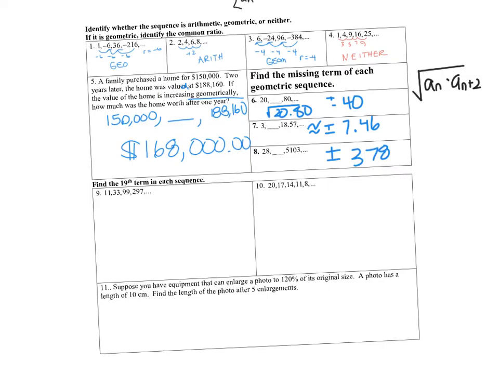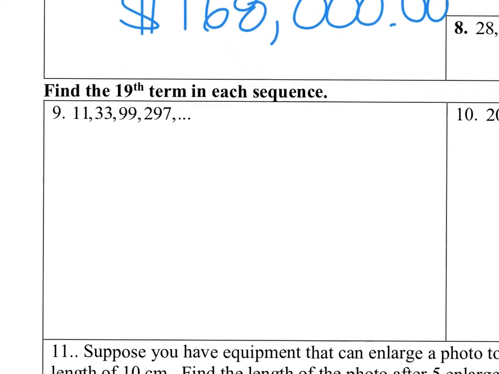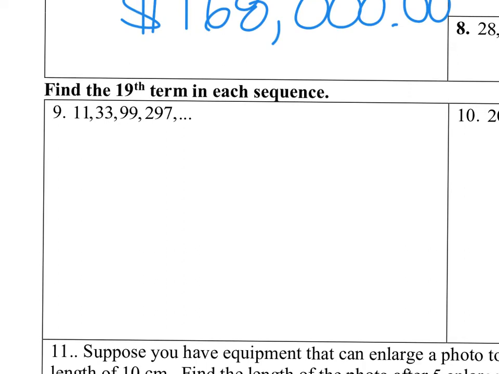Okay, 9 and 10. You want to find the 19th term of the sequence. So just to practice this, I'm going to write the explicit formula and the recursive one. I need the first term, which is 11, and I need the r, which is 3.